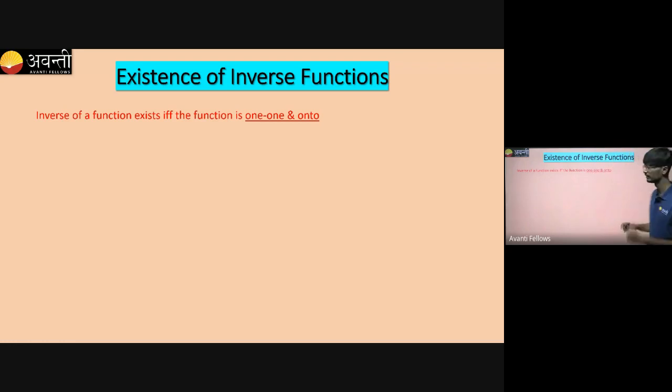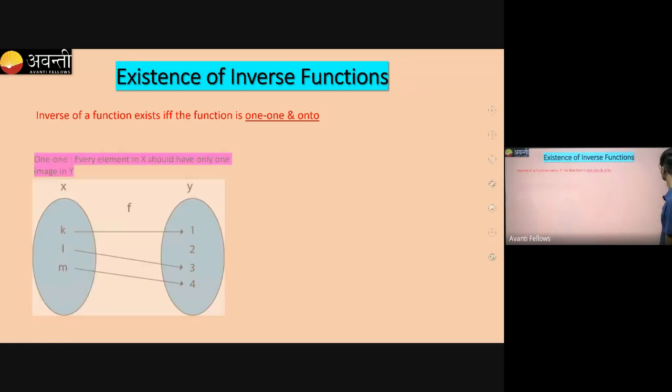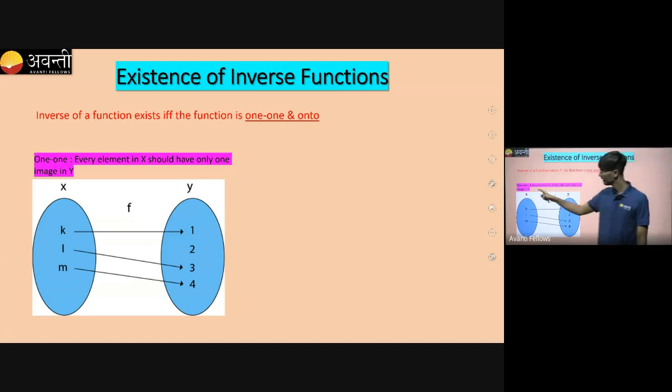So let's see what a one-one function is. I hope you remember, one-one is the simplest function. This is a mapping of function f from X to Y. There are three elements in X, k, l, and m, and there are four elements in Y, 1, 2, 3, and 4. So what is a one-one function? One-one function means every element in X should have only one image in Y. I hope you know these are called images and these are called pre-images.